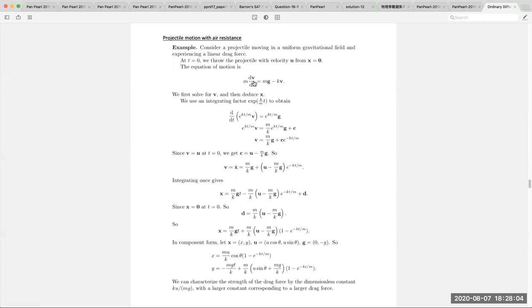Actually, normally we don't solve the differential equation in vector form. Normally we solve it in component form, just like what we did before.